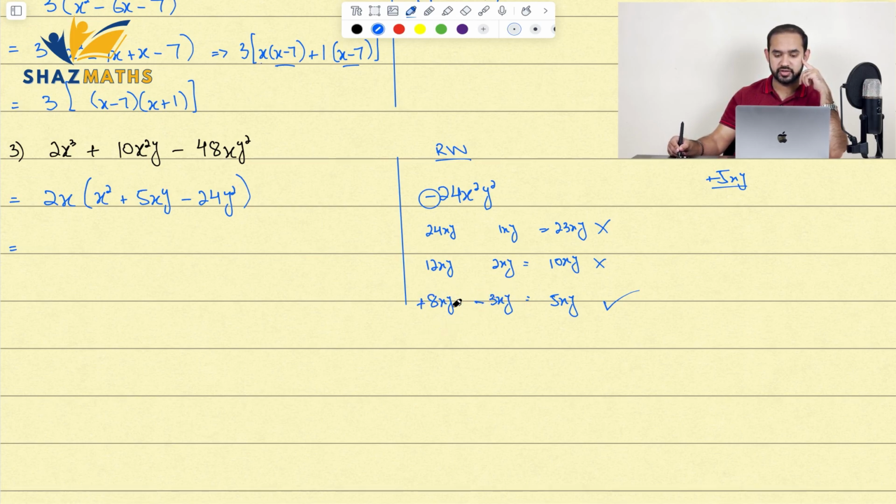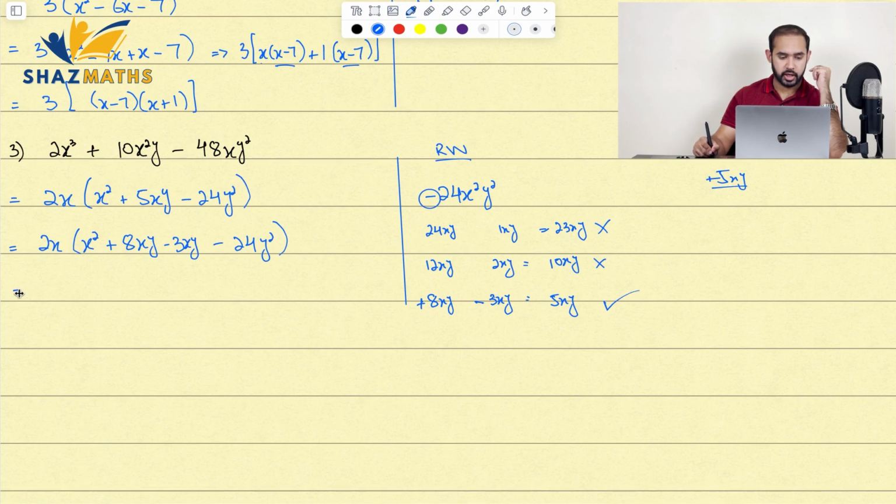So let's replace the middle term with these two factors now. It's going to be 2x times x squared plus 8xy minus 3xy minus 24y squared.